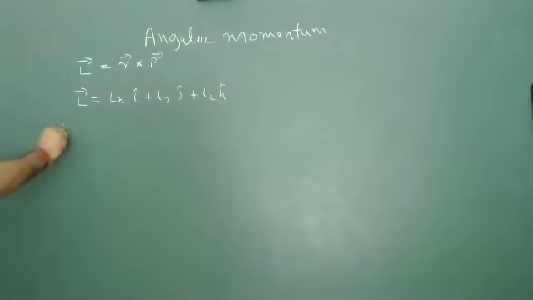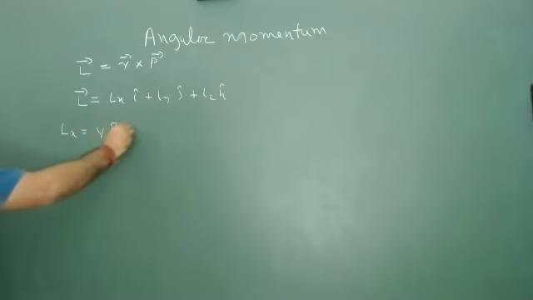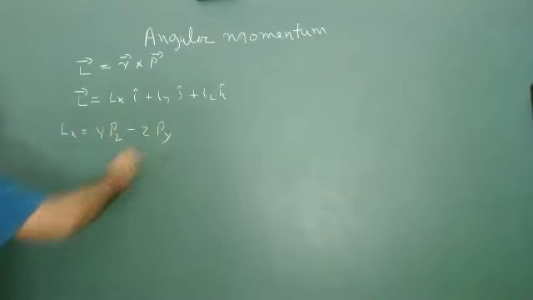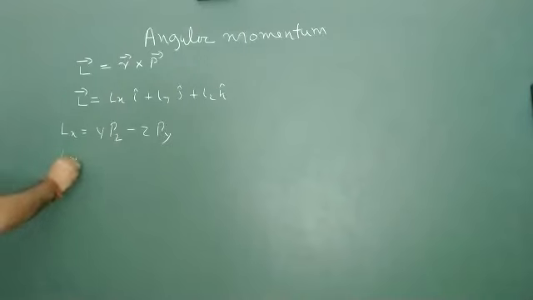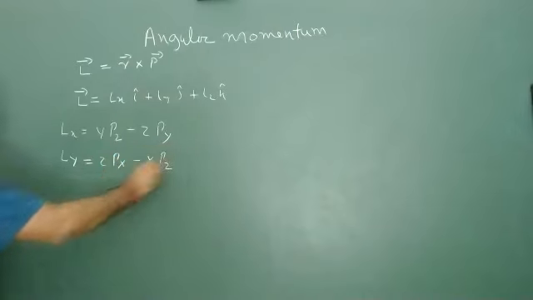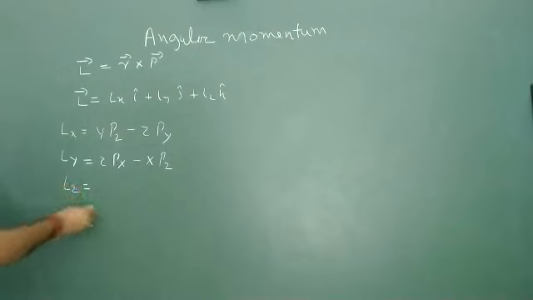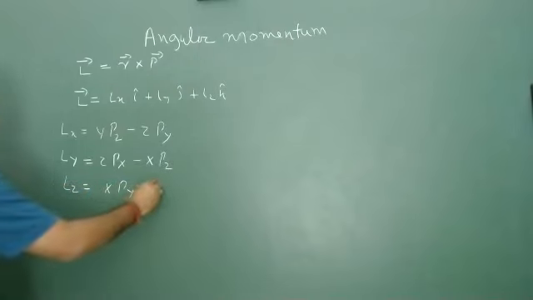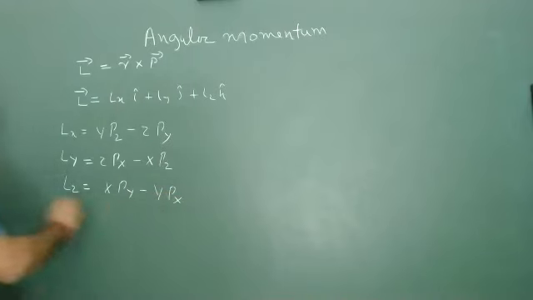I can define Lx as y pz minus z py, Ly as z px minus x pz, and Lz as x py minus y px. So these three components you can easily get from the form r cross p.